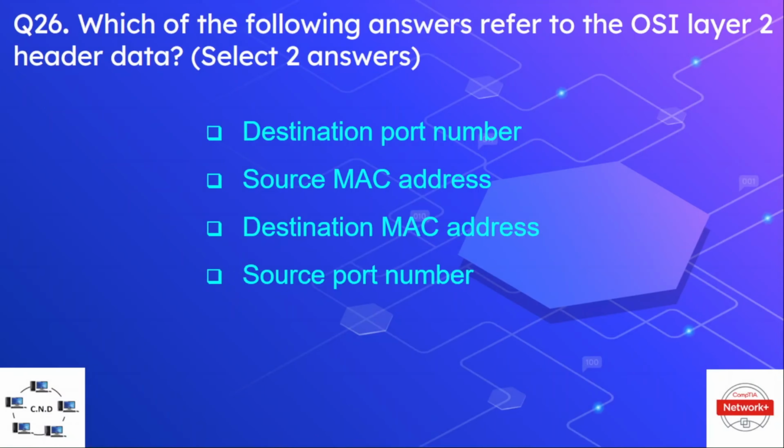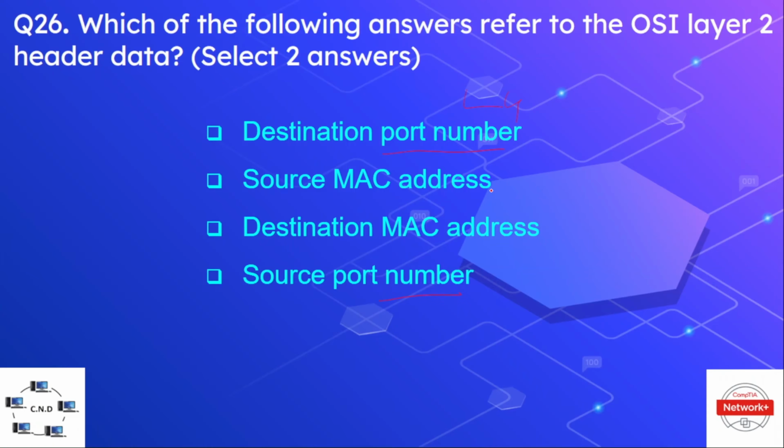Question number 26 is: which of the following answers refer to the OSI layer 2 header data? So we are talking about layer 2, the data link layer. What are the contents of the layer 2 header PDU? The options are destination port number, remember, port number works at layer 4, the transport layer, source MAC address, destination MAC address, and source port number.